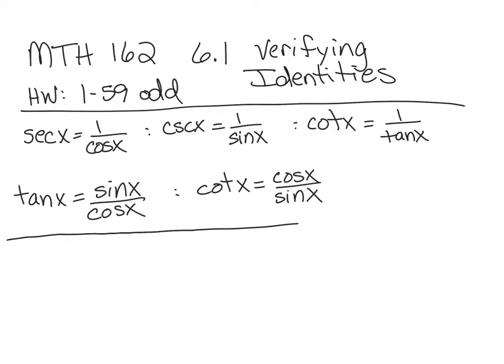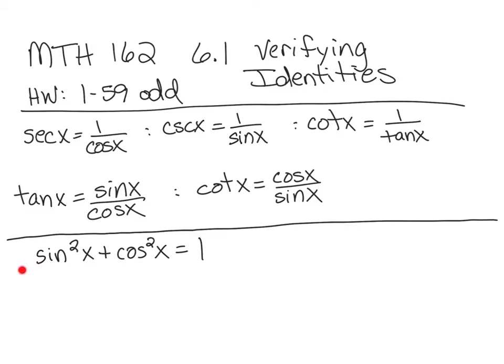The next most important thing are your Pythagorean identities. Because of the Pythagorean theorem, x squared plus y squared equals r squared, we can prove that sine squared plus cosine squared always, always, always equals 1. And you can get this identity in other forms using the other trig functions, tangents and cotangents, secants and cosecants, by just dividing this through by, say, sine squared.